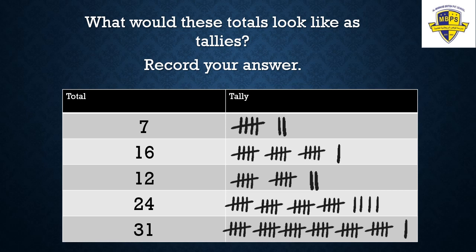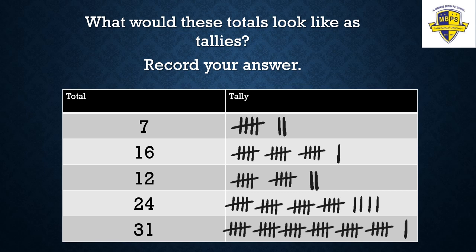The fifth line will be across. Then again 1, 2, 3, 4. And the fifth line will go across. So how many groups of 5s do we have here? 5, 10, 15, 20. We have 4 groups of 5. But we have number 24. So we are going to draw 4 more lines to make it 24.